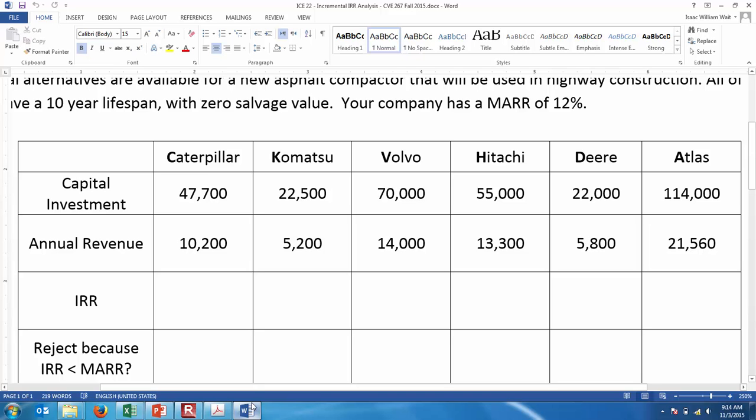I made some changes in the solution, but I forgot to update the handout I gave you. So Caterpillar is $47,700, and these are investments. A capital investment means that's an outflow. Komatsu is cheaper than I had written on the page. Komatsu should be $22,500. Volvo stays the same for the cost, but not the revenue. So update the numbers.